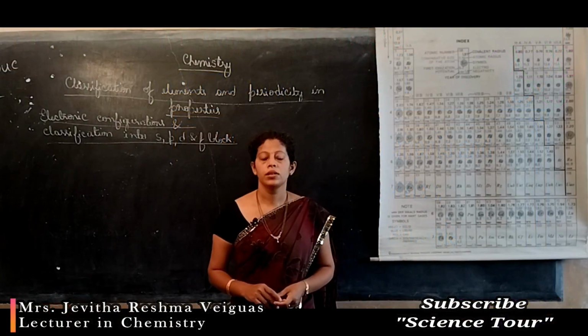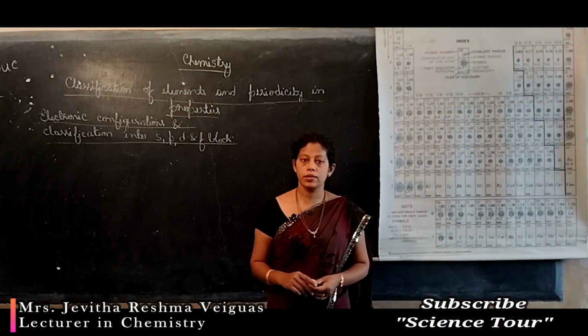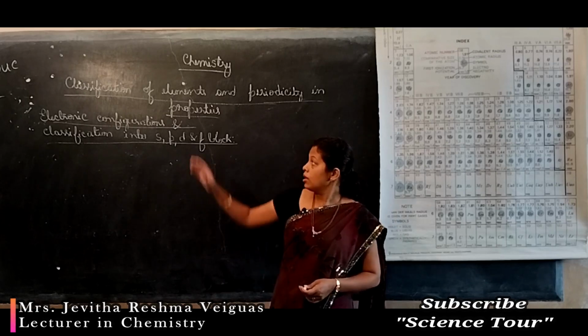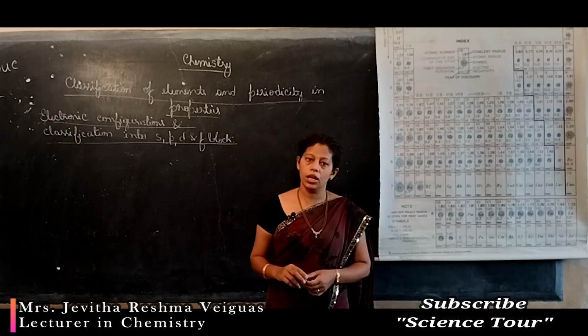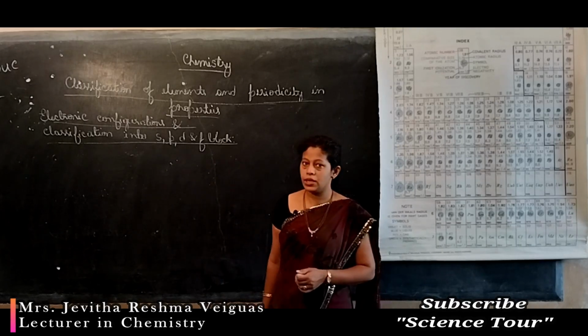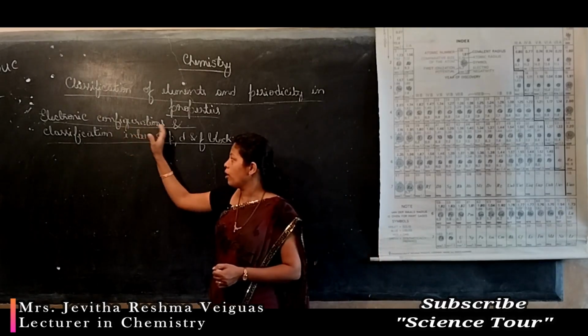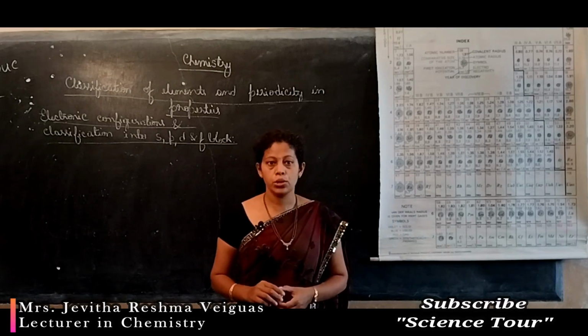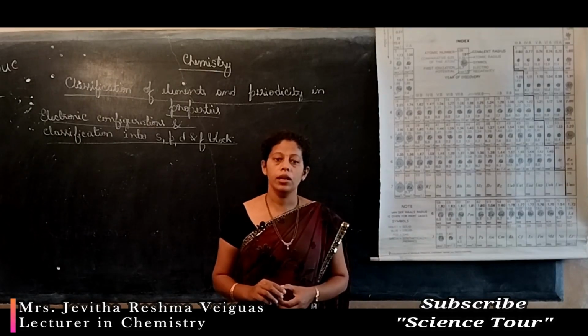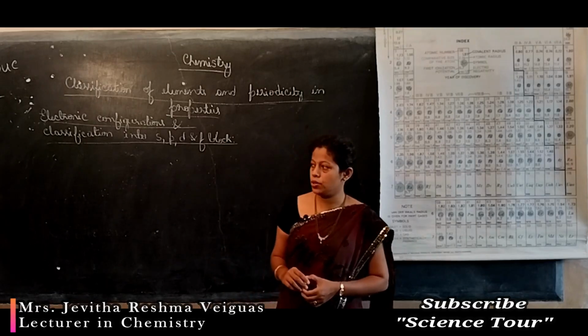Hello students, today we shall study few more things related to chapter classification of elements and periodicity in properties. Today we shall study about electronic configuration and classification of elements into S, P, D and F block elements.